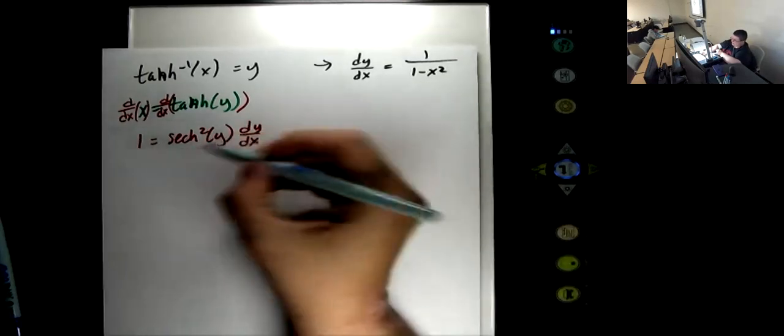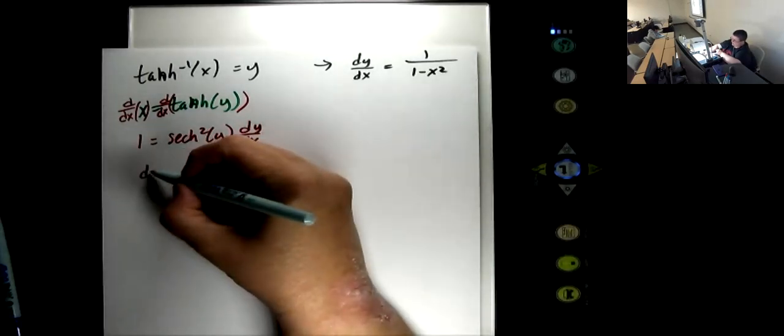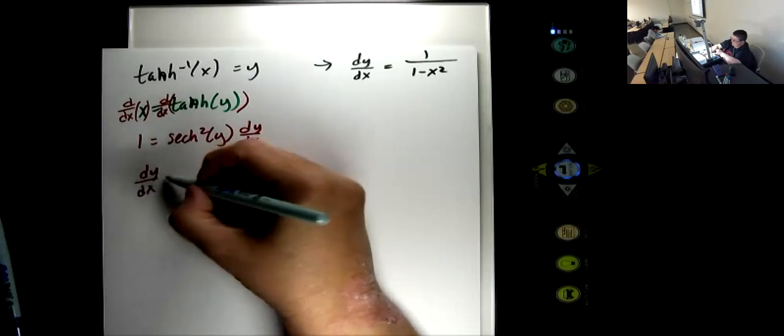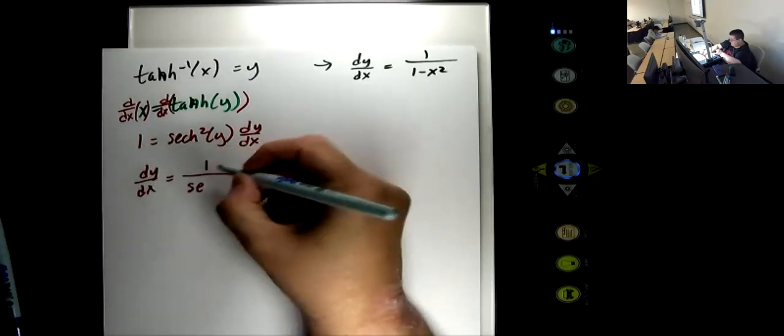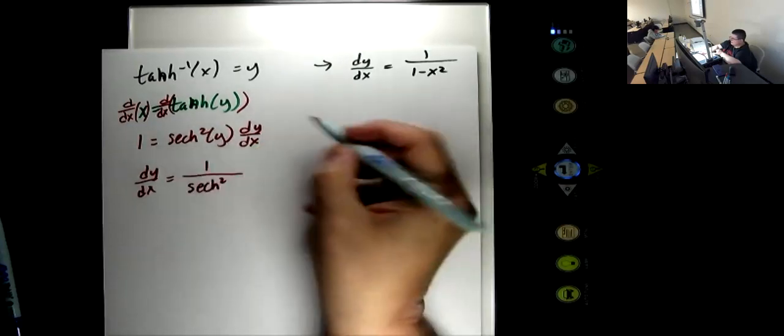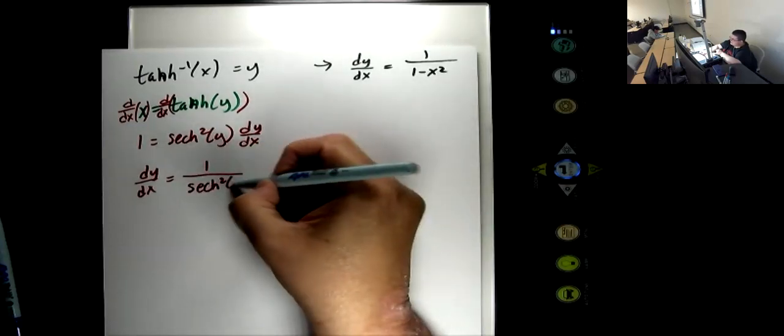So when we divide by sech squared, we get dy/dx equals 1 over sech squared.